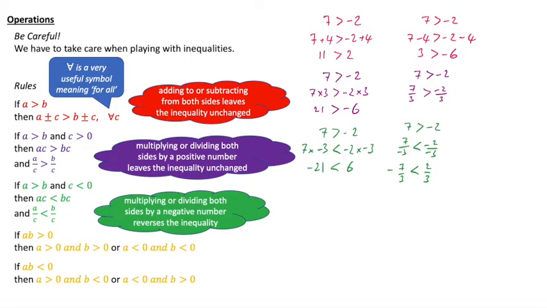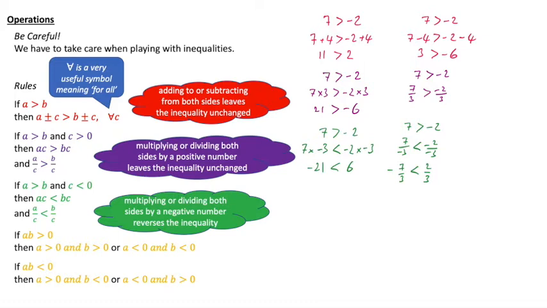Now the final one comes in two parts. So if we know that two quantities multiplied are greater than 0, and remember we're dealing with numbers here for our examples, but these are rules that you can use in algebraic situations when you don't know what the numbers are. So we can solve problems in that way.